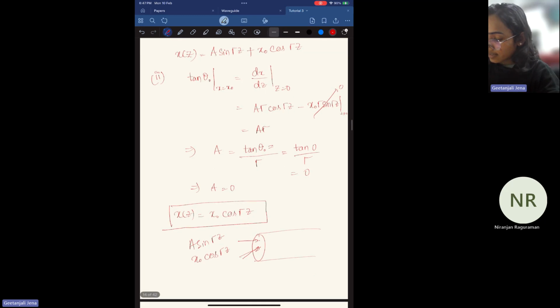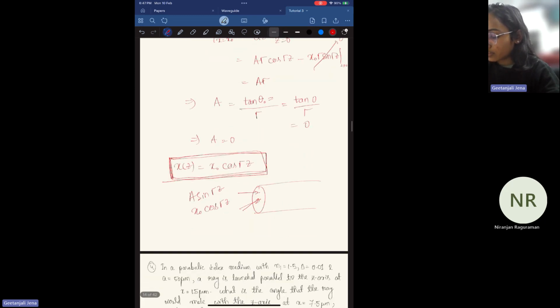So this is the answer for this question. And this ray path will also help you find out what the period, the amplitude, and the time period of the ray path are.